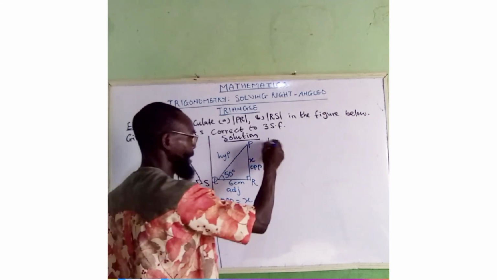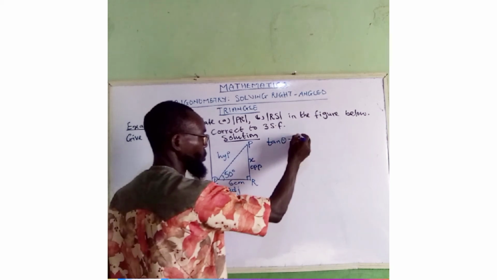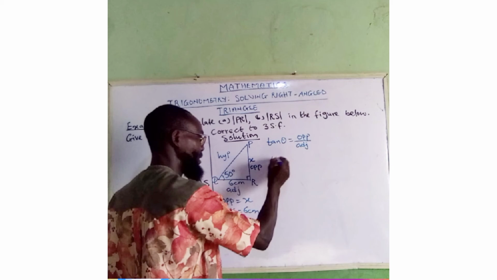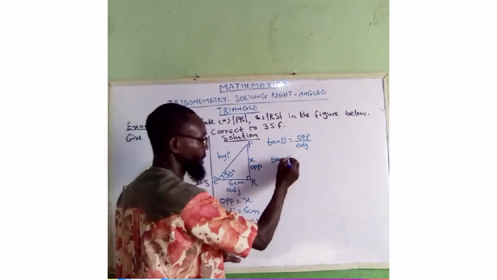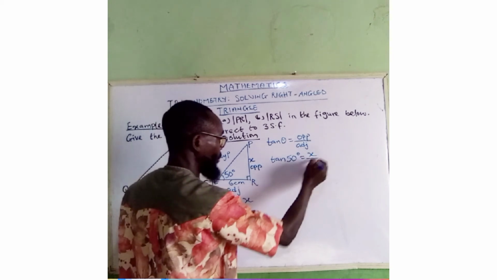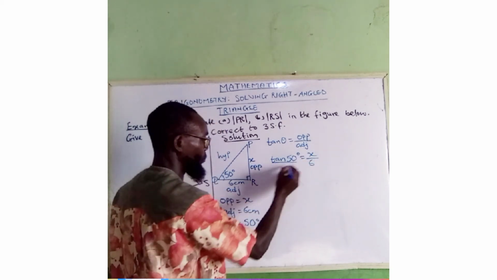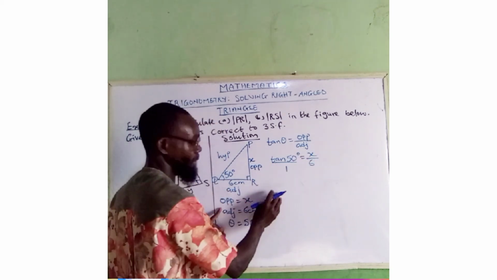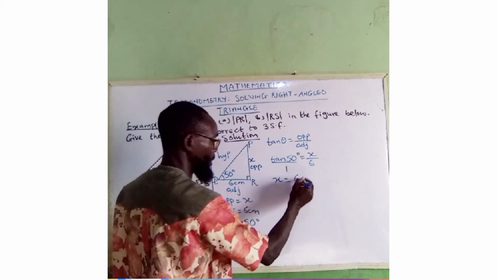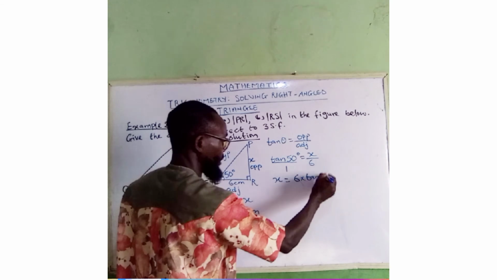That is tan theta equals opposite over adjacent. So tan 50 degrees equals our opposite x over 6. Let's say this over 1. By cross multiplying, x multiplied by 1, we have x equals 6 multiplied by tan 50 degrees.